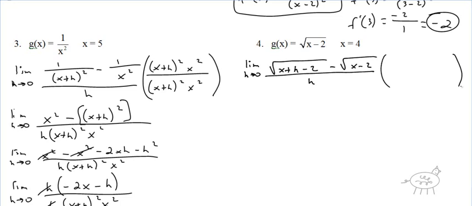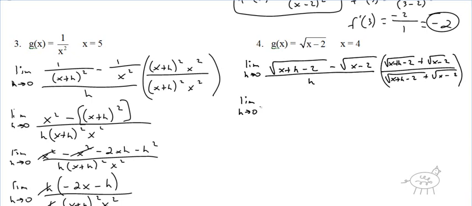Well, there's no denominator or anything, but if you guys remember, we multiply by its conjugate. So it's going to be the square root of x plus h minus 2 plus the square root of x minus 2. Okay, so by the conjugate, it's pretty easy. So we get the limit as h approaches 0.